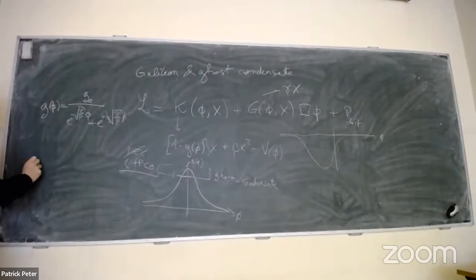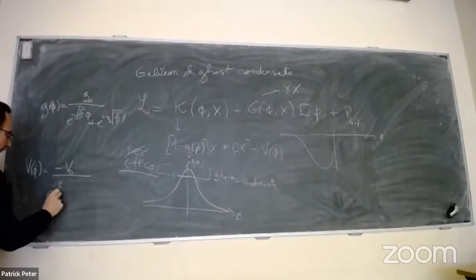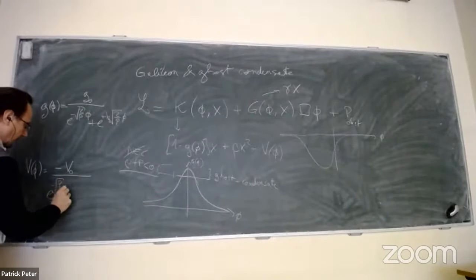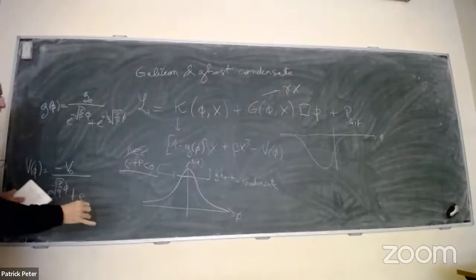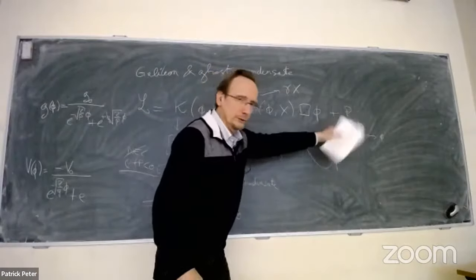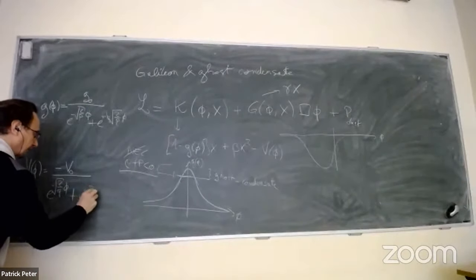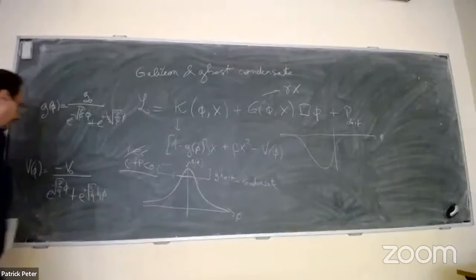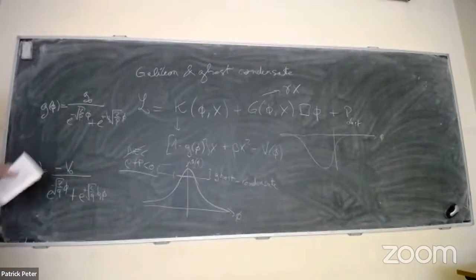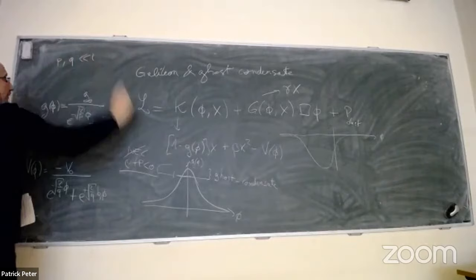And then you have the potential, which is equal to minus V0 over exponential of minus 2 over q phi, I'm picking up the same notation as in the original Ekpyrotic scenario, plus exponential of plus 2 over q phi, plus that you're adding extra terms just to make it smooth and nice, right? And the idea is that p and q are supposed to be smaller than 1.